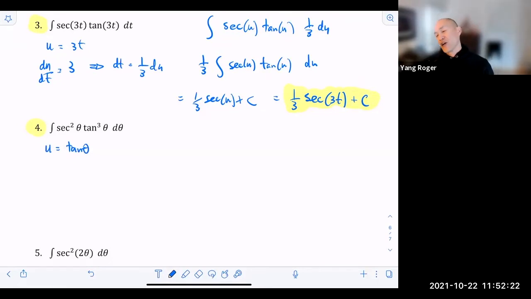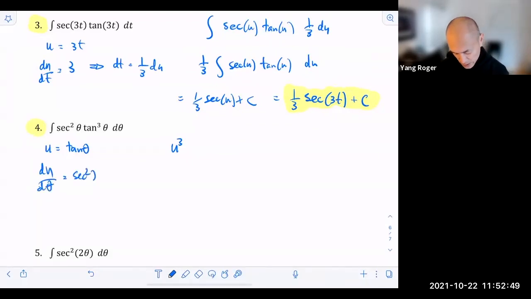And how do I know that that's really a good guess? Well, for one thing, this tangent cubed is going to be something simple to integrate, like u cubed. But even more importantly, I see the derivative of tangent sitting off to the side here. That is an immediate clue. I made a good choice for what u should be. So let's just finish this off. I got du d theta is equal to secant squared theta.